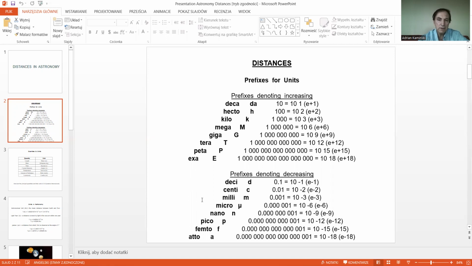There are some prefixes which denote something smaller, but we are not especially interested in them because, as we said, the distances in astronomy are very big.